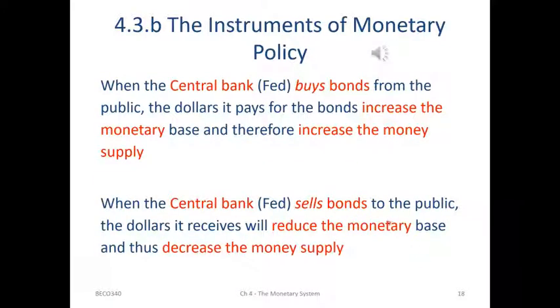When the central bank buys bonds from the public, the dollars it pays for the bonds increase the monetary base and therefore increase the money supply. When the central bank sells bonds to the public, the dollars it receives reduce the monetary base and thus decrease the money supply.